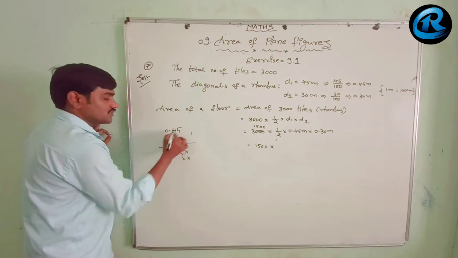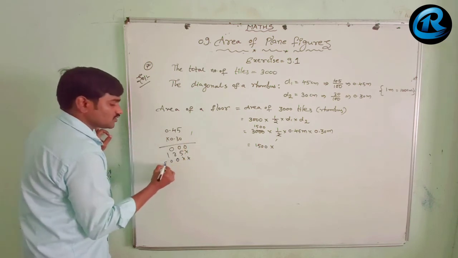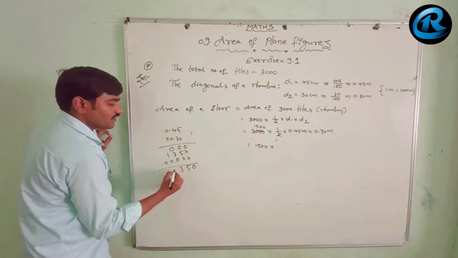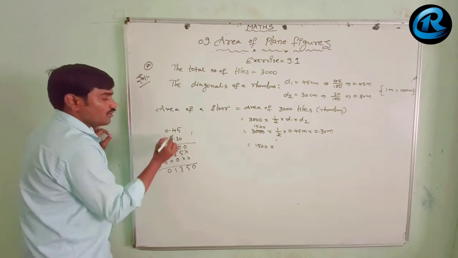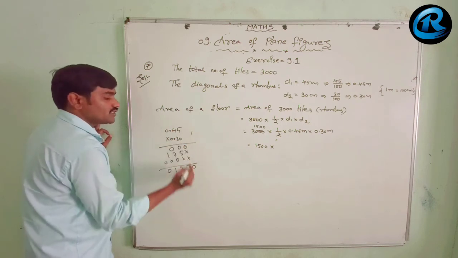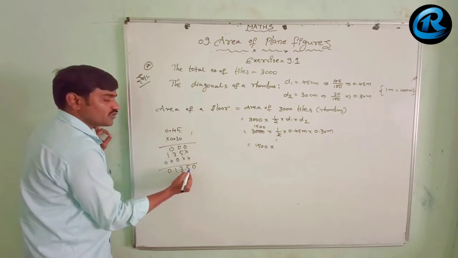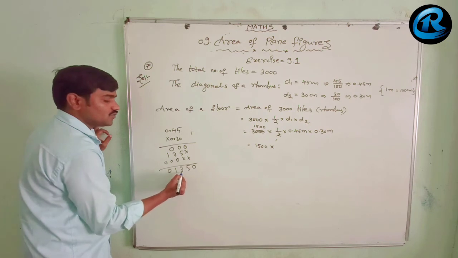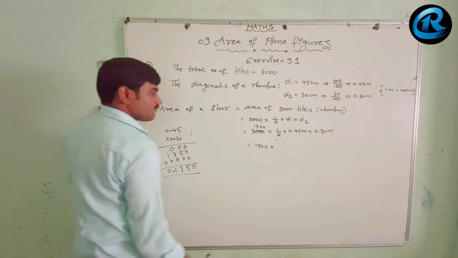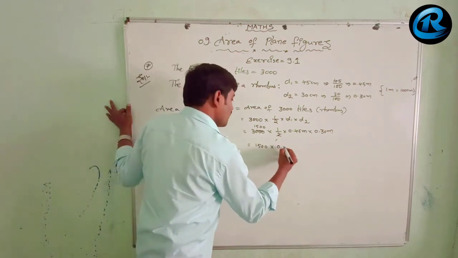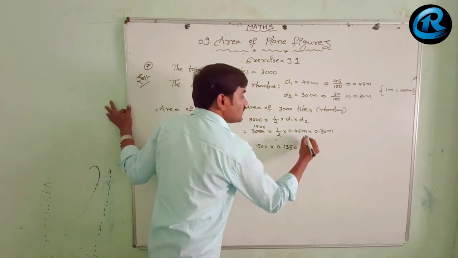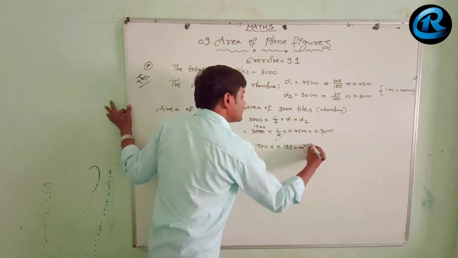So now with 0 again you multiply, you get 0. Here 0 5 3 1 0. How many decimal digits? Here 2 and here 2. Completely there are 4 decimal digits. We have to count 4 digits from the right side. 1 2 3 4. Now we get 0.1350. Here meter into meter, meter square.